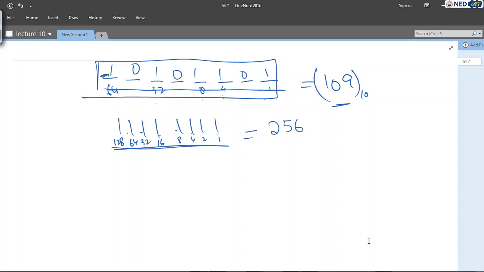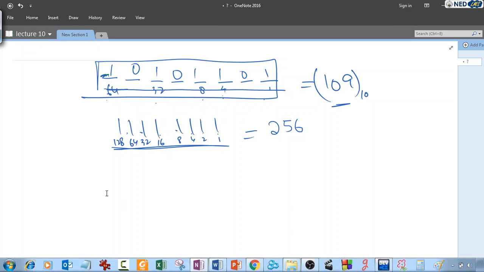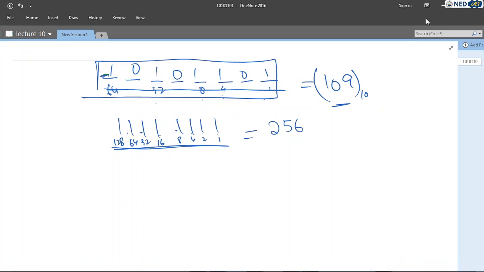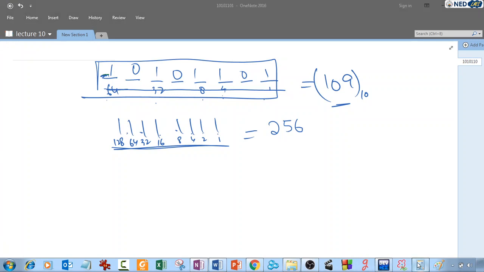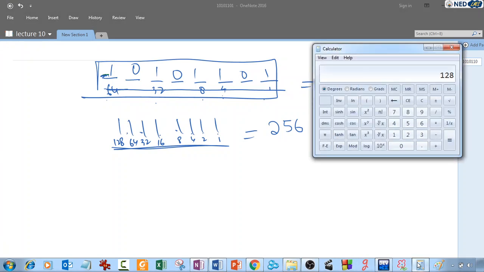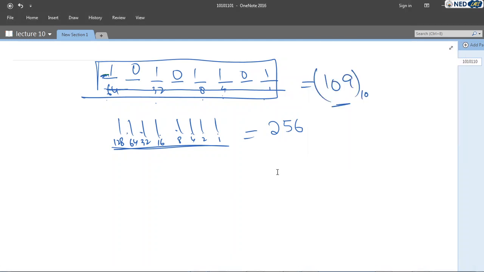So let's go to a calculator. We have 128 plus 64 plus 32 plus 16 plus 8 plus 4 plus 2 plus 1. So we have 255, not 256.